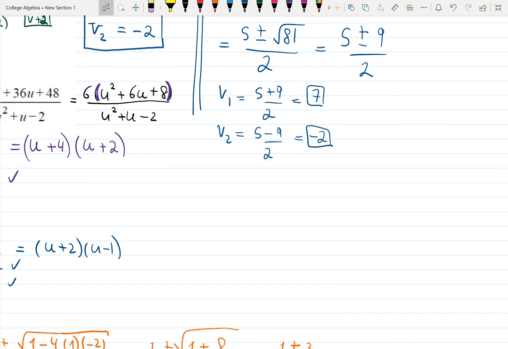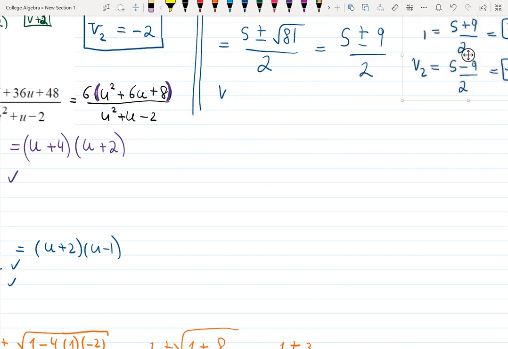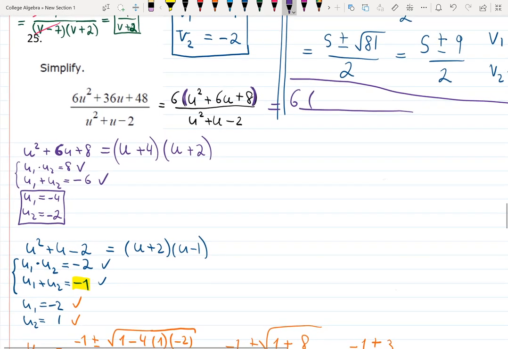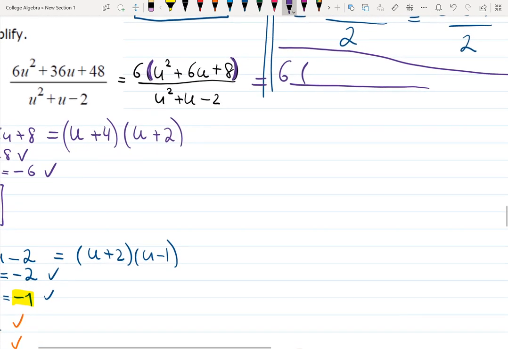Let's continue with the example, and we're almost done. So I will put an equal sign. And I remember that I have 6 factored out. Now look at the purple side: u squared plus 6u plus 8 becomes u plus 4 times u plus 2.